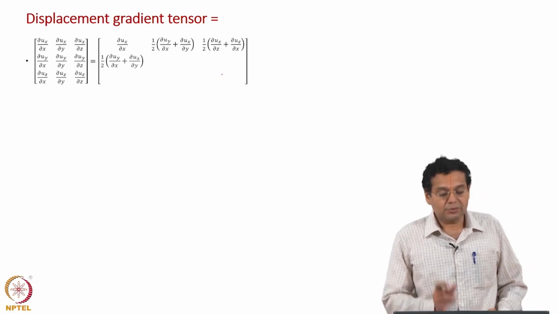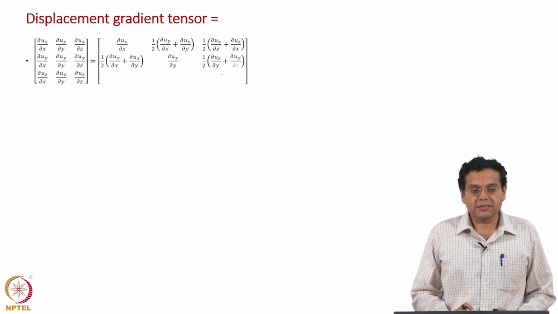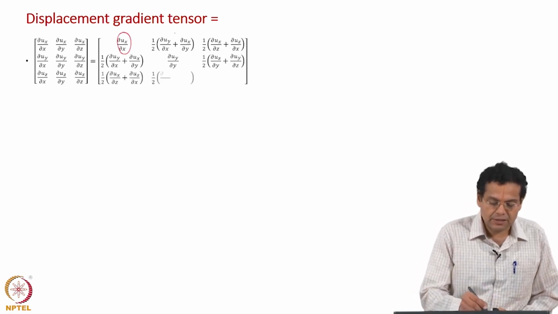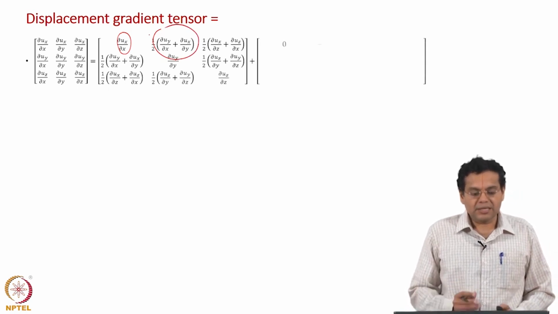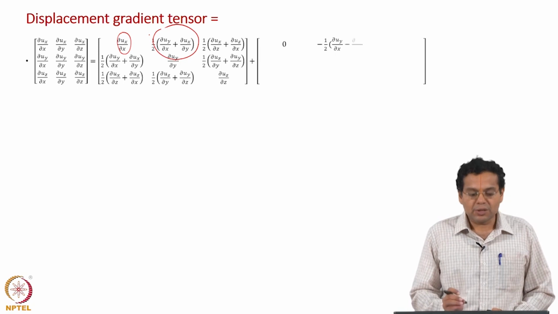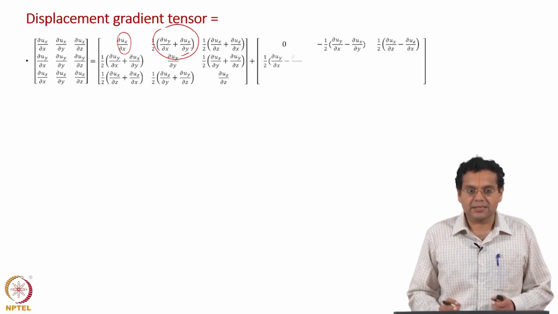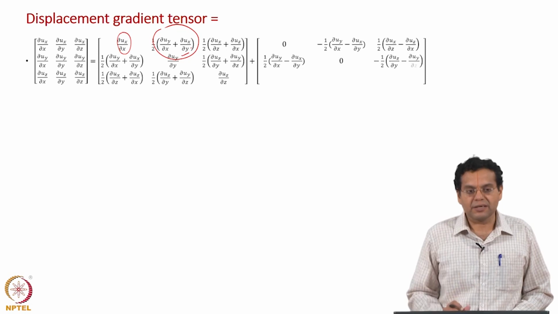And remember, that is why at the end of the previous discussion, we were looking at the physical significance of these terms, okay. We said del u_x by del x initially was just a mathematical gradient, slowly we said it represents normal strain, and then we said these two sum together represents shear strain, and we said that will lead to the present discussion, and that is what we have done now.